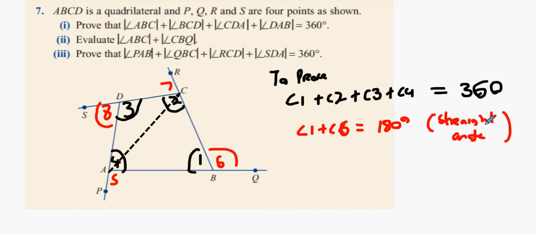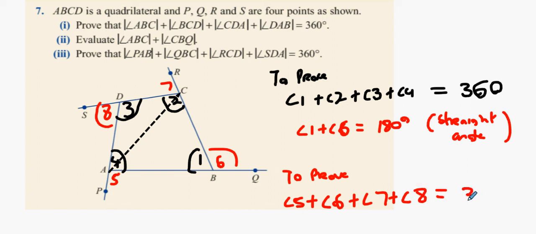Okay, next one. So this is part 3, we're going to prove that PAB, which is angle 5, plus angle QBC, QBC is angle 6, plus RCD, which is angle 7, and then plus SDA, sorry, SDA, that's a D, not an S, SDA is angle 8, equals 360 degrees.